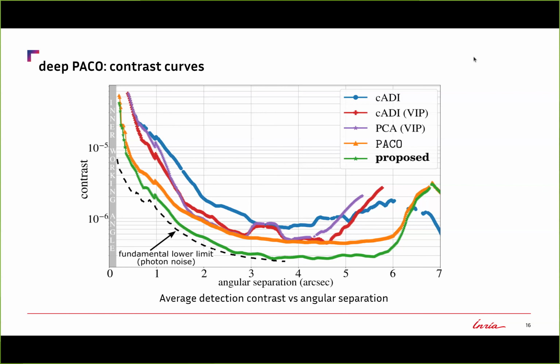So with DPACO, we inject sources that are not detectable by PACO, and also a bit above the detection threshold of PACO, so that it stays in a range of sources that are not impossible to detect or not too obvious.